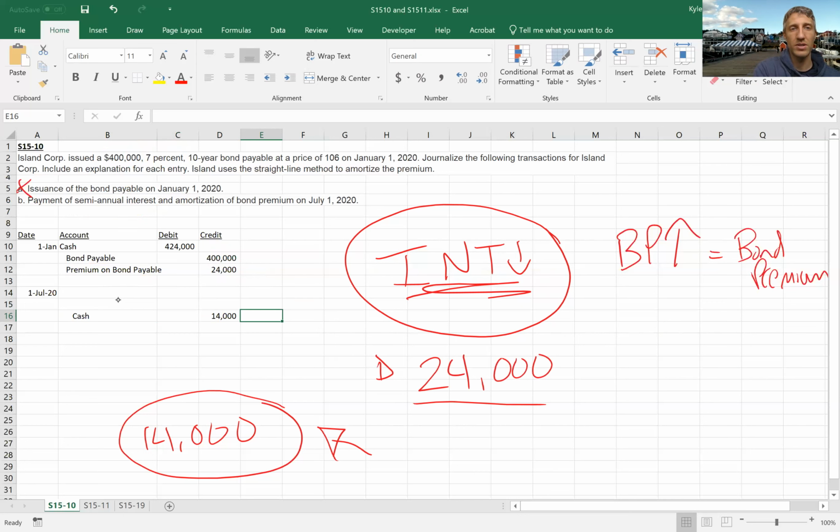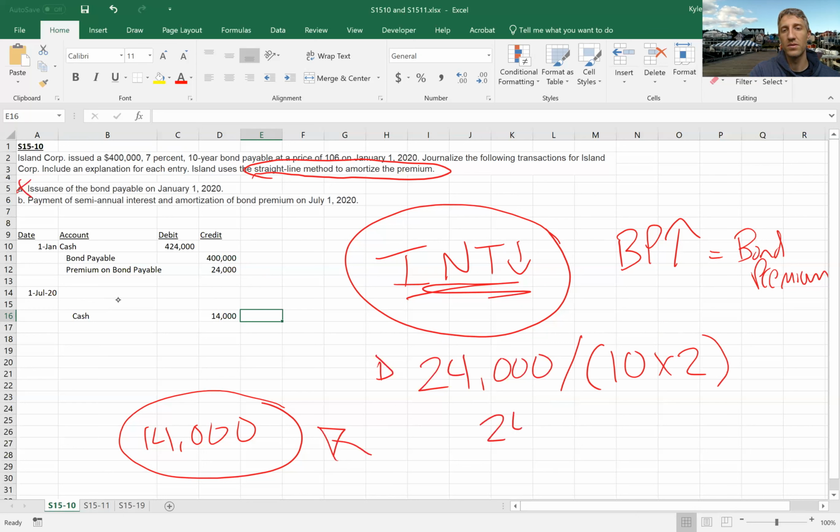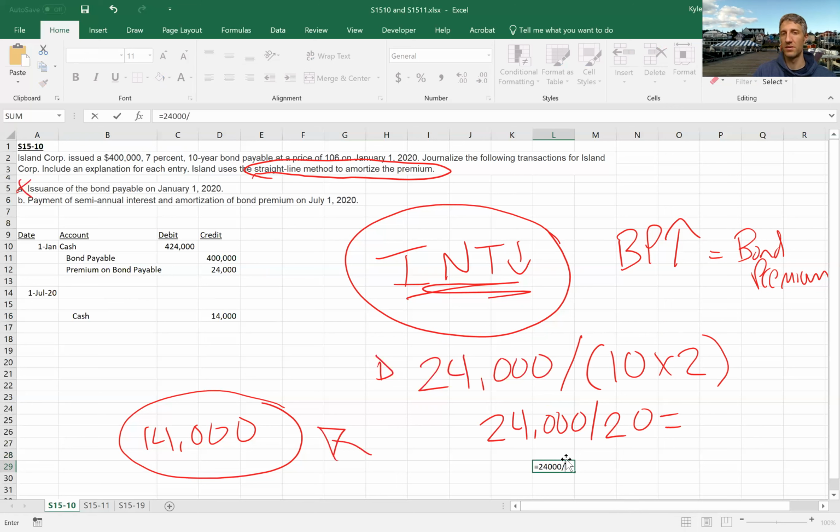It told us in the question they use a straight line method, so this is fairly simple for us. It's just 24,000 divided by, it was a 10-year bond, but interest is paid semi-annually, so that's 2 times per year. So 24,000 divided by 20 is going to equal something, and my brain is too small to do that math, so I'm going to use Excel. $1,200.